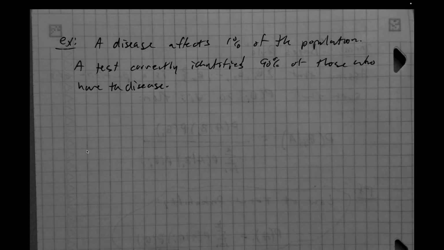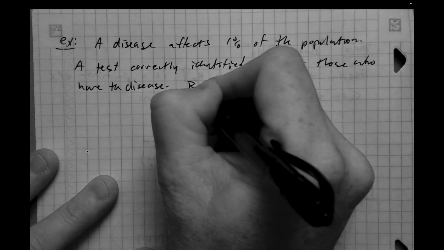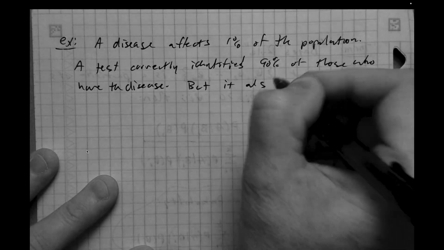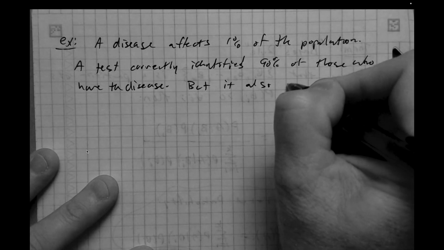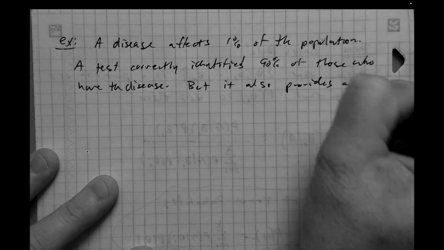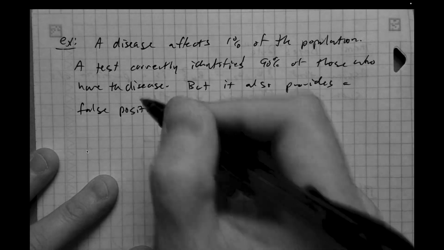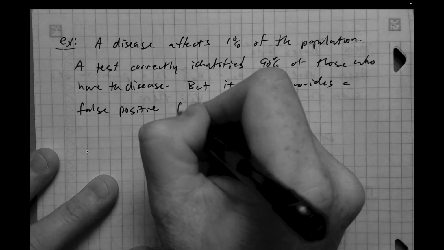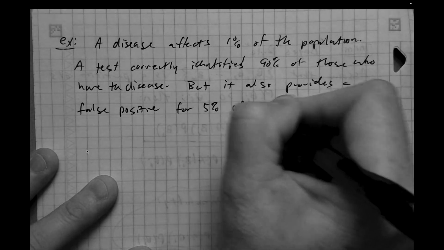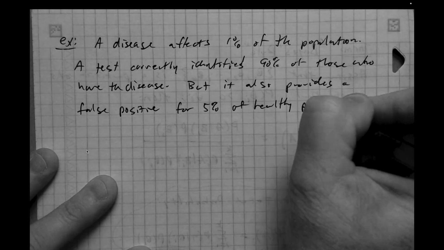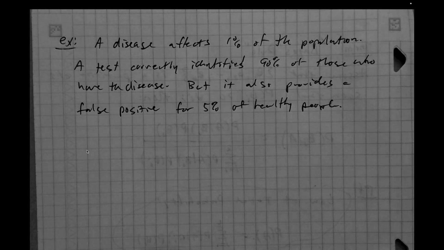So it's not infallible. But it also provides a false positive for 5% of healthy people, meaning that if you don't have the disease but you take this test, 5% of the time it's going to say you have the disease. So this is an example of a false positive.